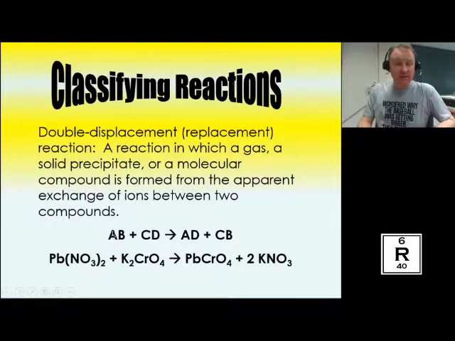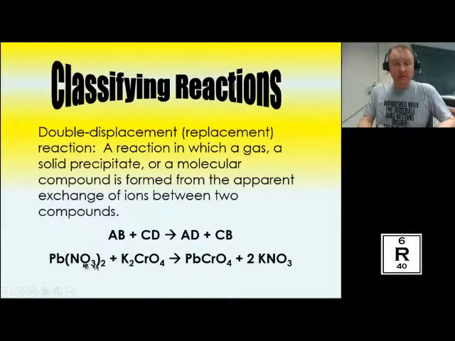So what's happening here, if you take AB plus CD, if you think about A switching with C, it's a double displacement, the A and C switch. That means that the A is now with D, and the C is now with B. So they both just did the little switcheroo here. An example of this would be lead nitrate mixed with potassium chromate.